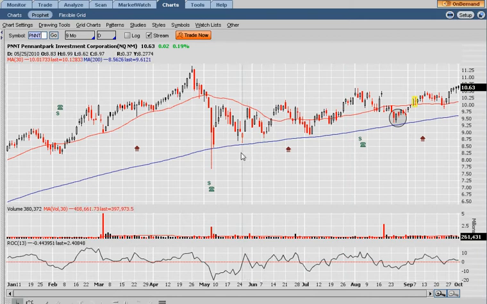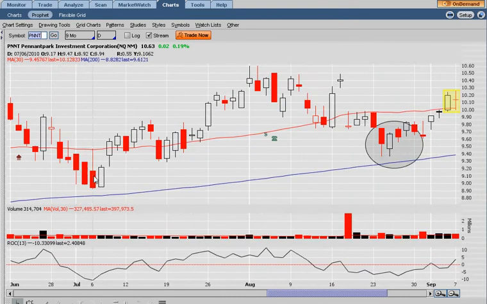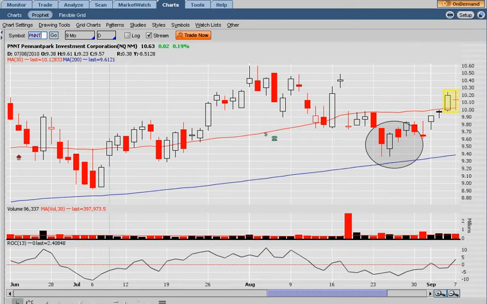Now, I was in this stock a little while ago. I got in, I was trying to just make a quick buck. I got in at about 9.50, so about right there. I'm gonna put a little dot there.